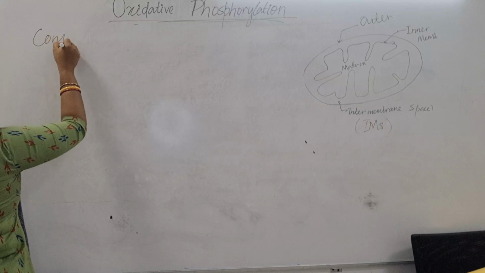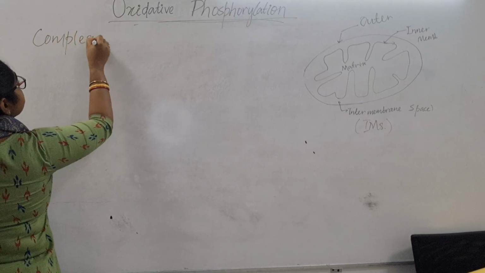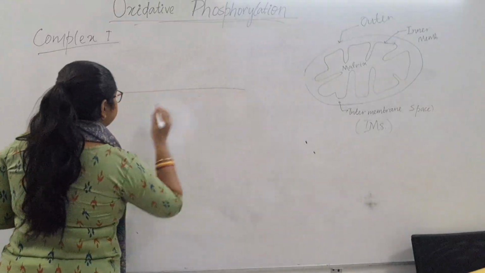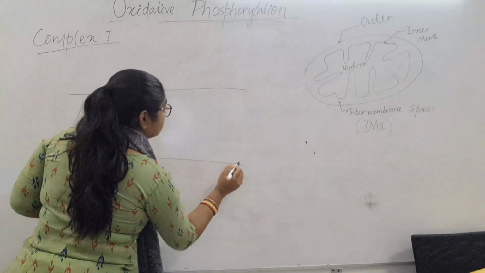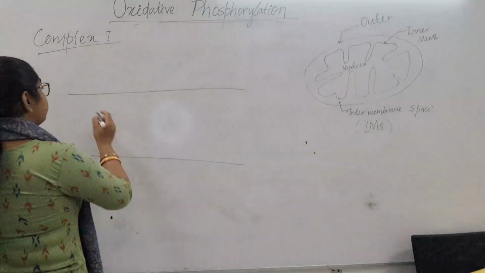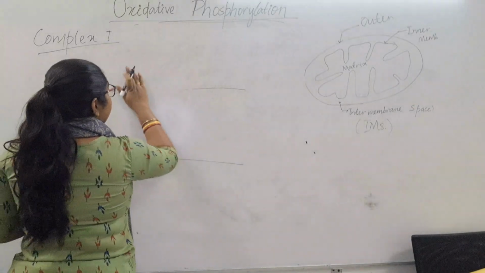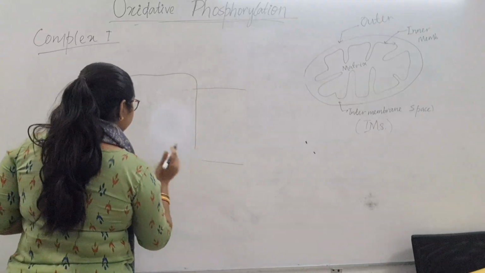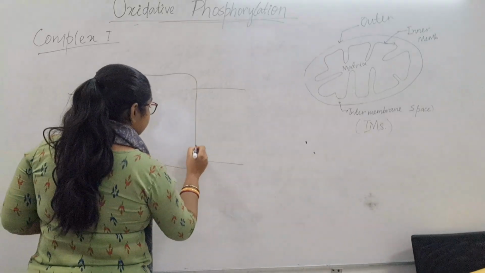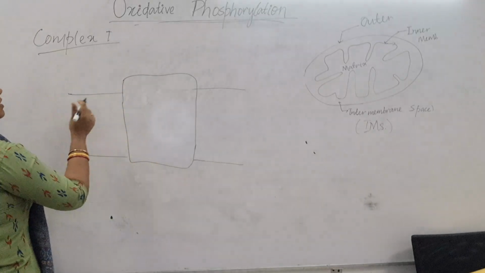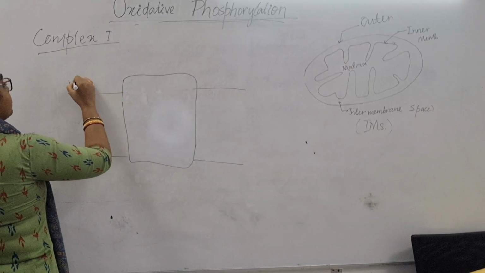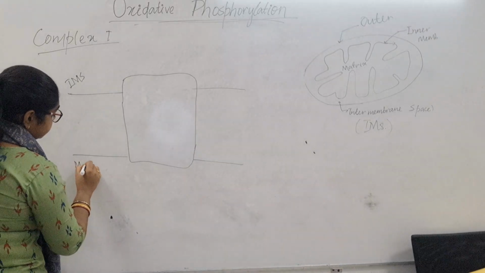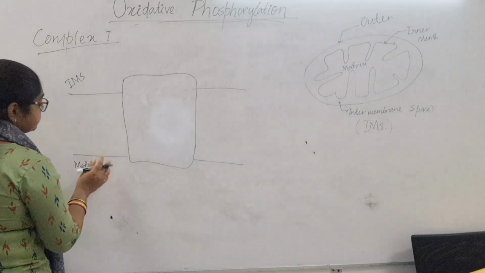Let's say this is the inner membrane of the mitochondria, and complex 1 is present here in the inner membrane. Outside of this inner membrane there is the IMS, intermembrane space, and here this is the matrix.